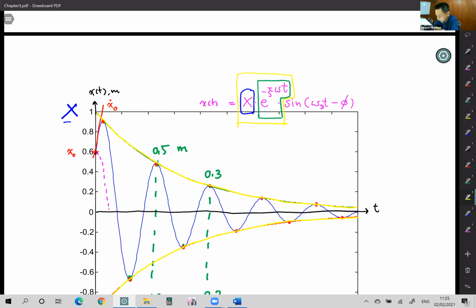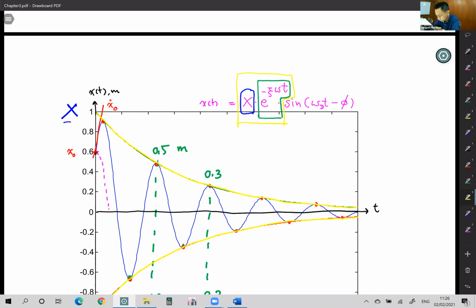And the sine function, the last term, is the sinusoidal, right? The sine fluctuates up and down, up and down with time. However, you see the amplitude is reduced, controlled by the envelope. The magnitude of the sine function is +1, -1, +1, -1, always like this, right?